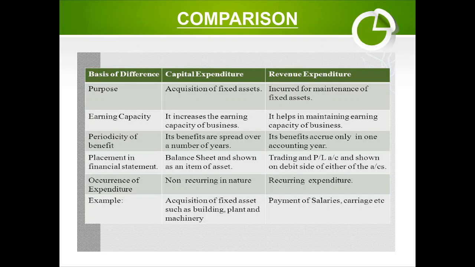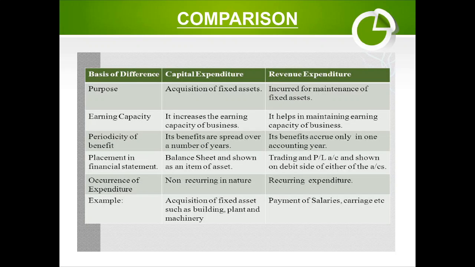Capital expenditure obviously increases the earning capacity and benefits are derived for more years, whereas revenue expenditure helps us maintain the same earning capacity of the business and the benefit is accrued only for that particular accounting year.